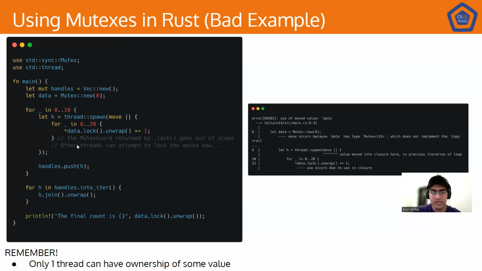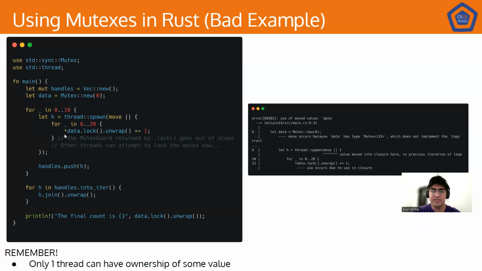Now, one thing you might have realized that's kind of counterintuitive is the nature of how mutex works. Mutex essentially is exclusive use of data, right? But when we move it into the thread, we're giving every thread access to that data. So it's no longer exclusive. That exclusiveness is gone. Every thread has access to that data. The only time exclusivity is displayed is when we lock it here.